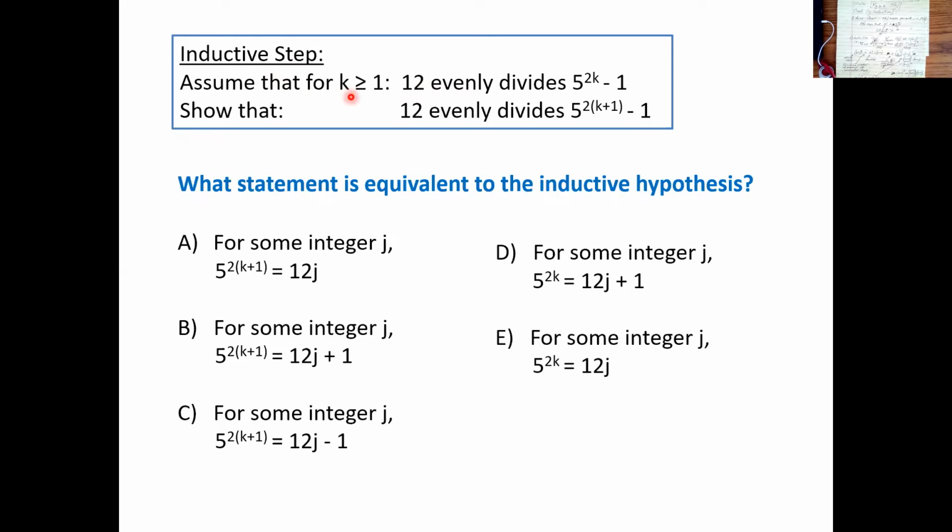It will say that for any k, at least 1, if it is true that this power minus 1 is divisible by 12, in other words, a product of 12 and some integer j, then it is also the case that if I take the next power and subtract 1, I also get a product of 12 and some integer.